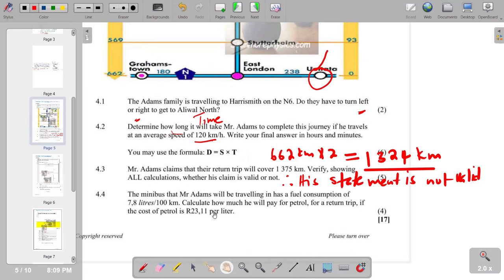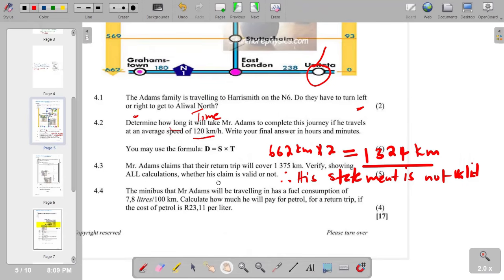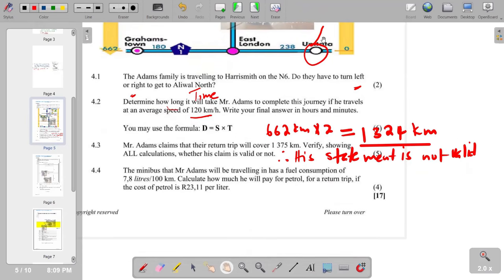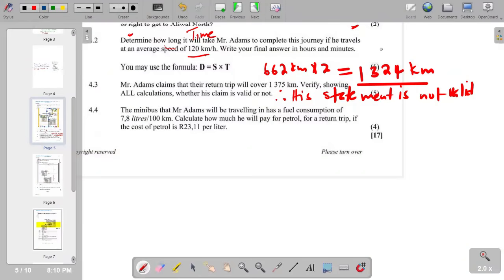So from that point, according to the information that we are given, we can make a proportion in terms of the figures that we have. We are saying 100 kilometers is equal to 7.8 liters, as given in this part. So the distance that we want is 1,324 kilometers.